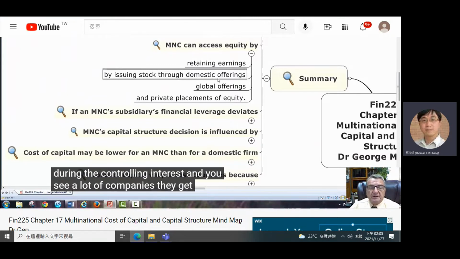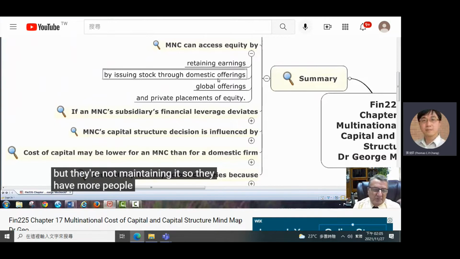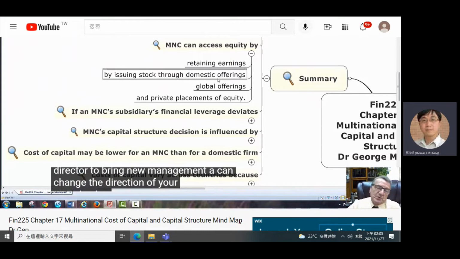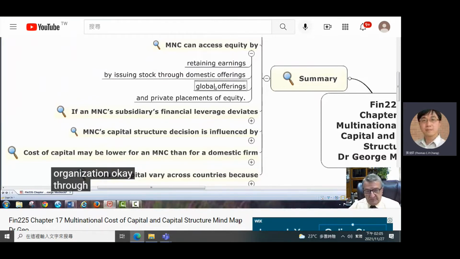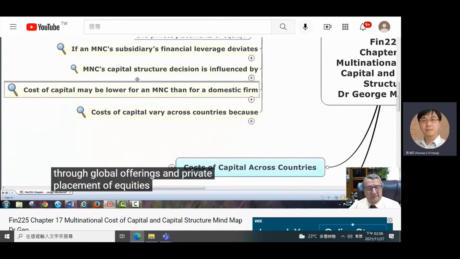You see a lot of companies get too carried away, and other people end up owning it, and they bring in a new board of directors and new management, and they could change the direction of the organization or decide to sell it off. Okay, through global offerings and private placement of equities.